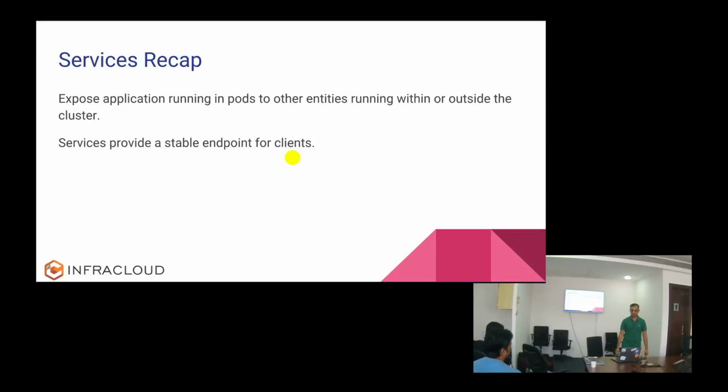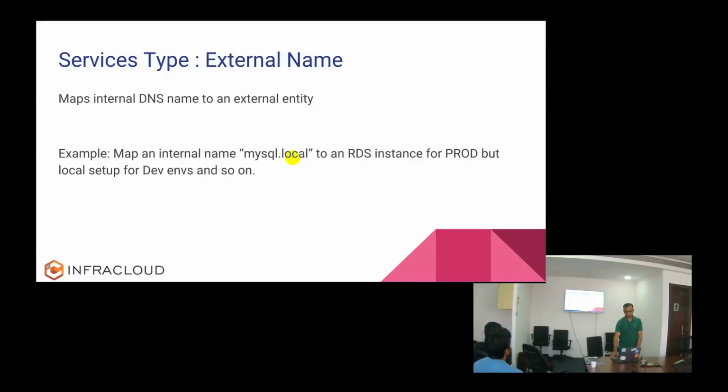So we'll look at some various types of services that are there. There is one service which is of type external name. This is simply something that maps to an external entity. You can have a service of type external name which says my internal name is mysql.local and it points to an RDS instance.